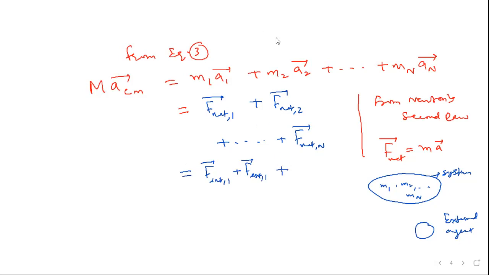Similarly, F net 2 is F internal 2 plus F external 2, plus so on, F internal N plus F external N, right?